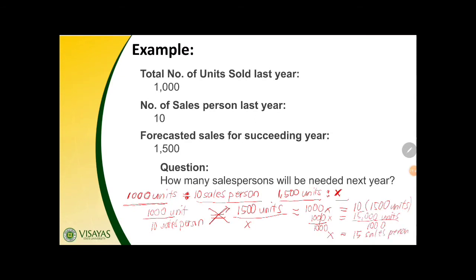Okay, so we got 15 salespersons for 1,500. So what happens is 1,000 is to 10 equals 1,500 is to how many? 15. So, that is your ratio and proportion.